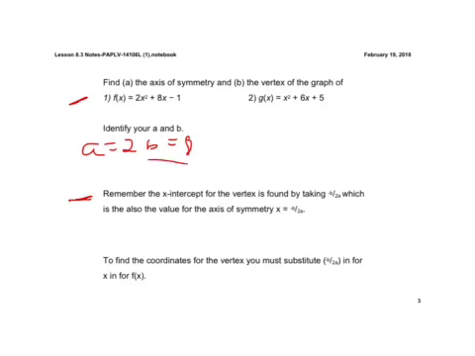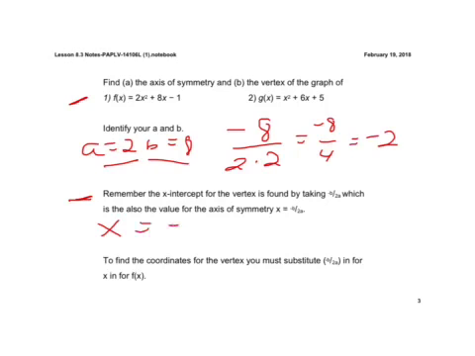So our b is 8, so a negative of 8 divided by 2 times a, well in this case a is 2. So now I get negative 8 divided by 4 is a negative 2, and that is the x value of our vertex. So x equals a negative 2 is the axis of symmetry.